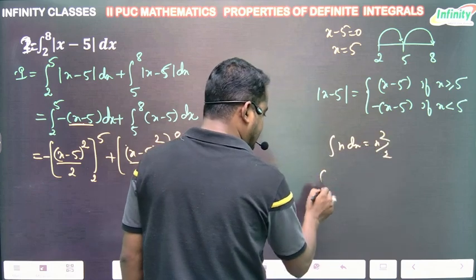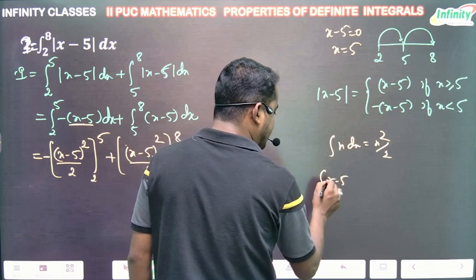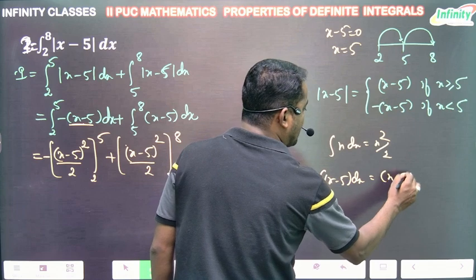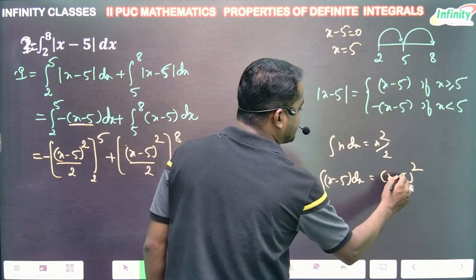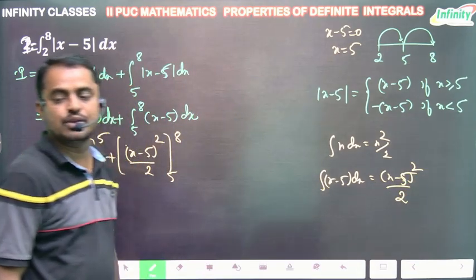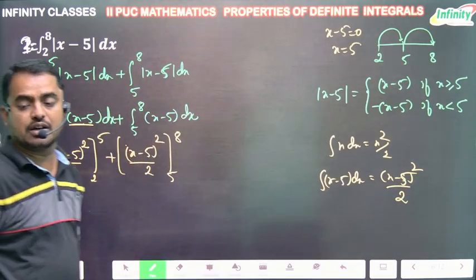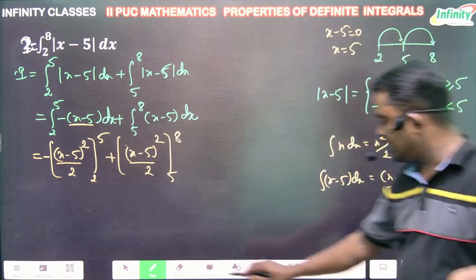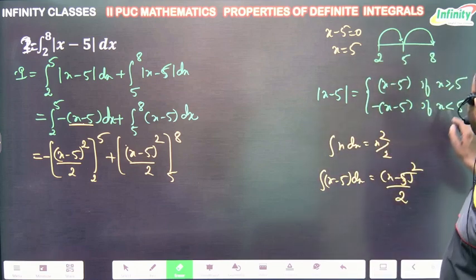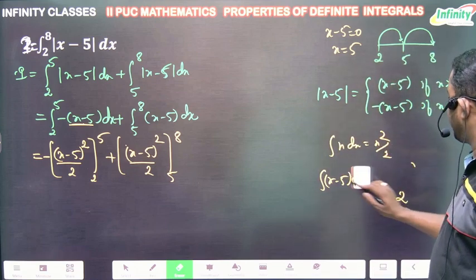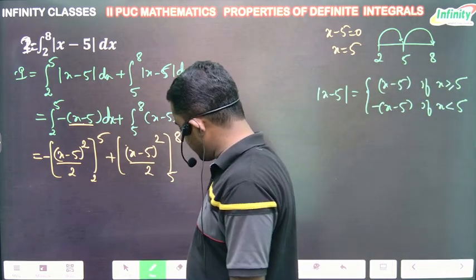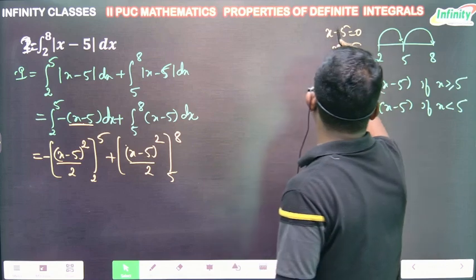In the same way, integration of x minus 5 dx is nothing but x minus 5 whole square divided by 2. In this manner we have to integrate this one. After this, the remaining part is simplification. First substitute the upper limit, then minus the lower limit.